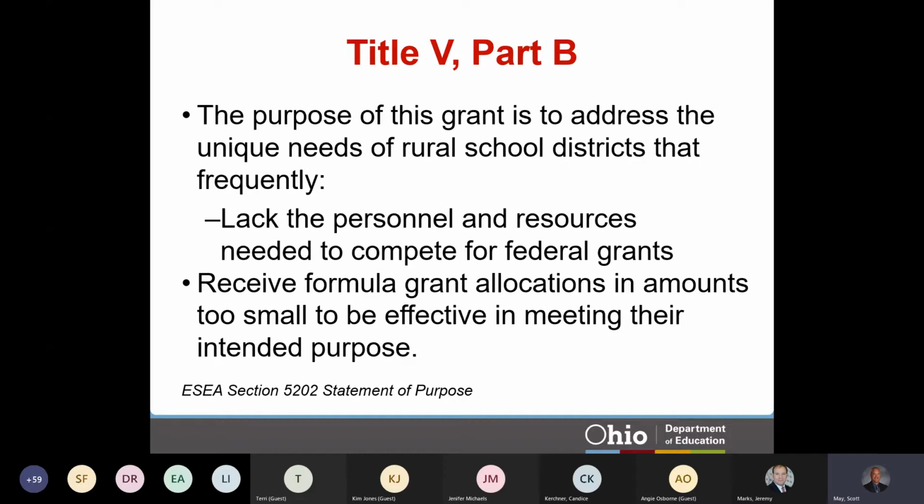The application allows you to check which grant you want to follow, and then you fill in the appropriate budget cells with that. Not all districts get Title V because it is a rural grant, but it is available to many districts in the state of Ohio.